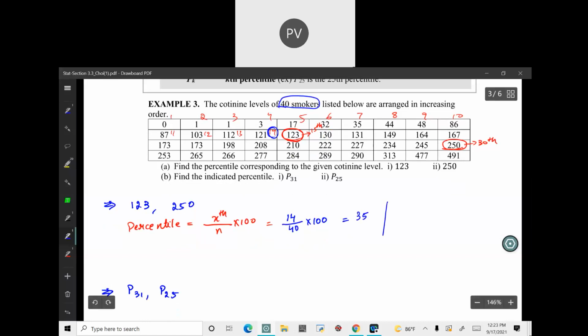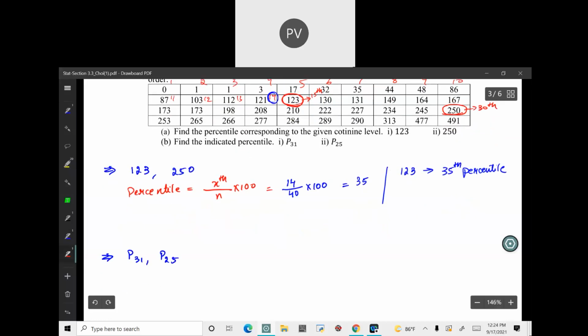So the data value 123 is in the 35th percentile. So among this 100, if this is the 100%, the 35th percentage is your data value 123.